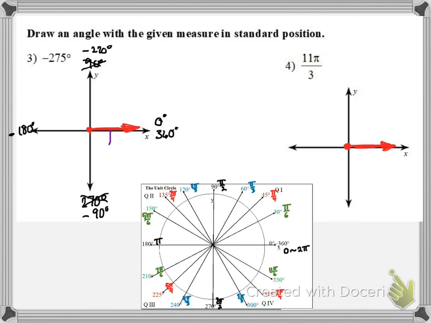So I'm going to go 270 degrees in the negative direction. And that's not quite far enough. So I need a tiny, tiny bit more.